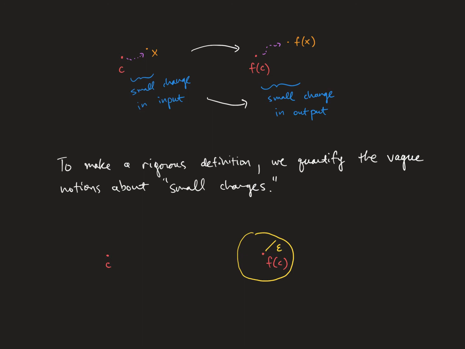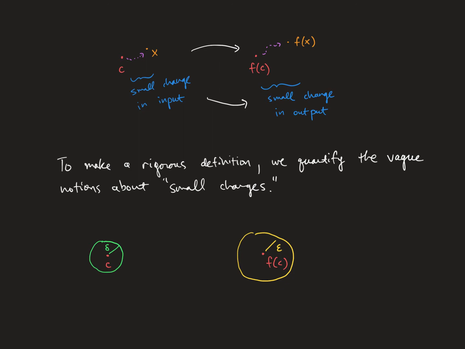So to respond, what you have to say is, well, in fact, by restricting the input to change by a distance of less than delta, so if I restrict my inputs to this small neighborhood around c, then the outputs do indeed differ by less than epsilon.